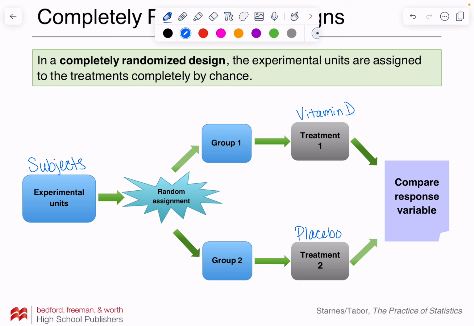And then, whatever the course of time was for that experiment, at the end we compare the response variable, whether or not they did in fact develop diabetes, to see if the treatment made any difference. So again, start with the people or the things in the experiment. Then we split them into two groups using random assignment. We give them the different treatments. And then once the experiment's over, we compare to see if the treatment had anything to do with the outcome.